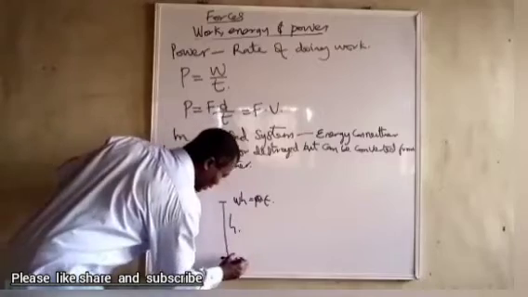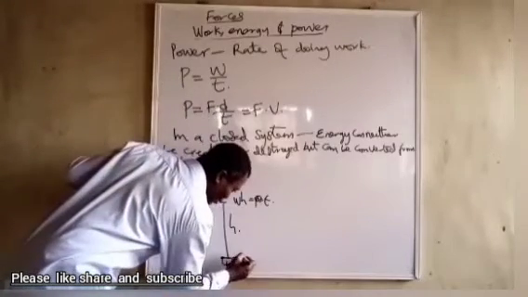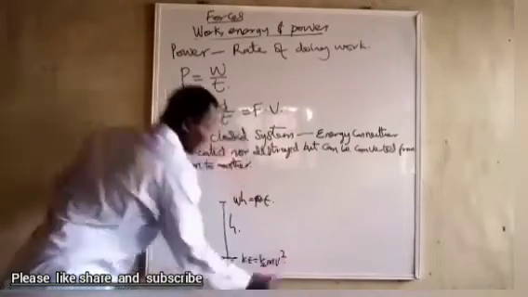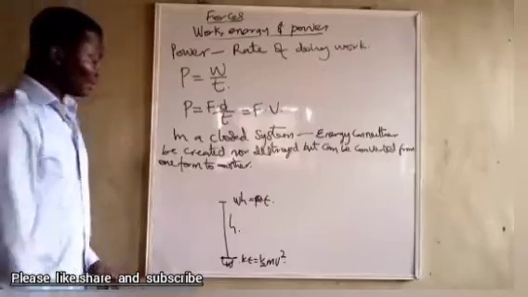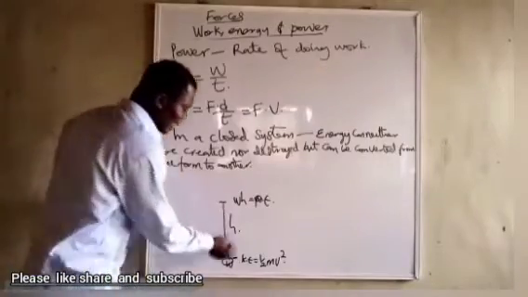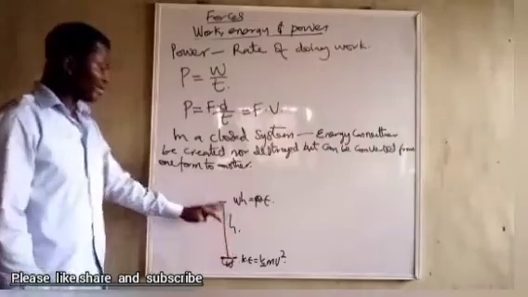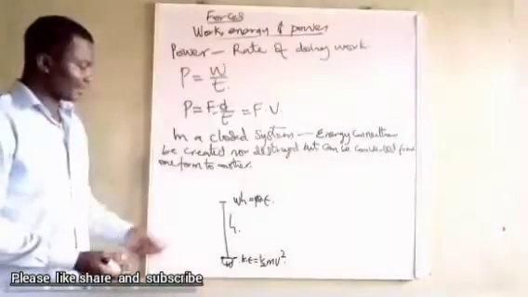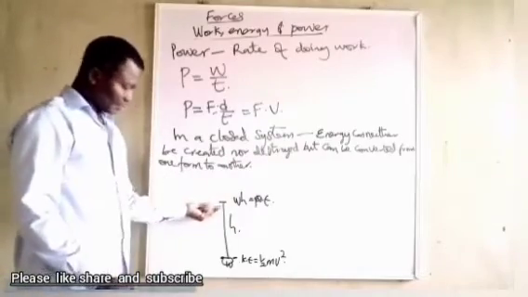It will be converted to kinetic energy. That work that took it up, coming down, is now converted to KE, which is equal to half mv squared. In this instance, we call this a closed system because either way you look at it, nothing is lost. It did not work against any force that drained the energy or converted the energy to some other parts along the way.